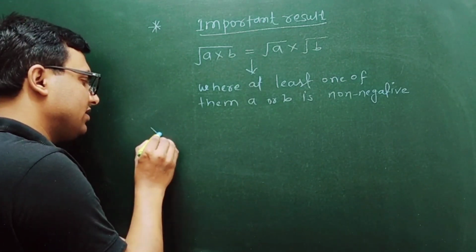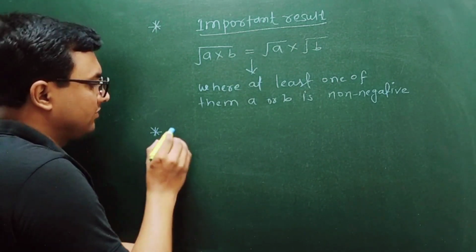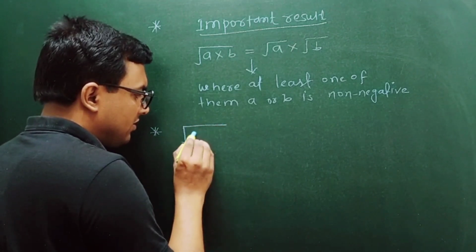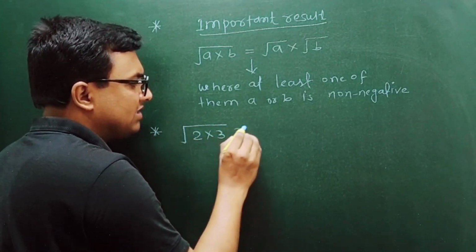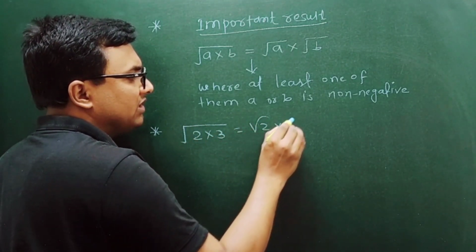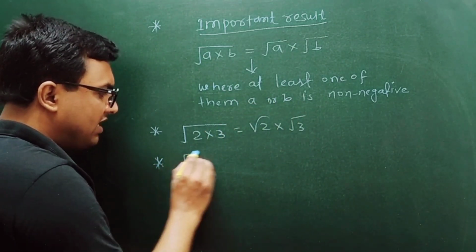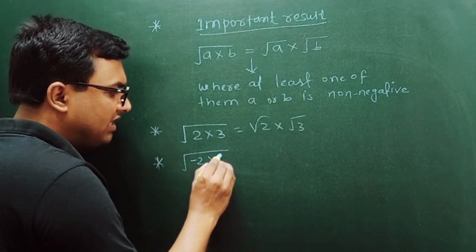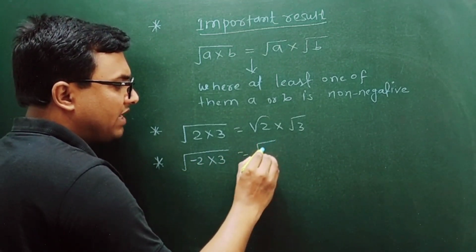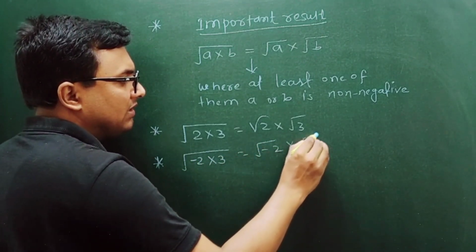See here, root under 2 into 3 is written as root under 2 into root under 3. Root under minus 2 into 3 is written as root under minus 2 into root under 3.